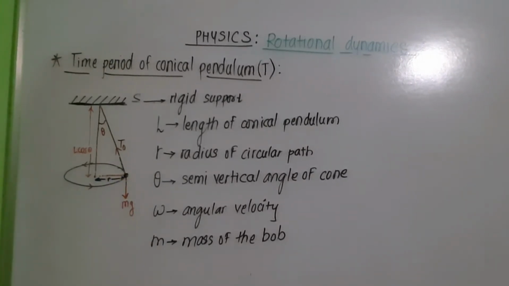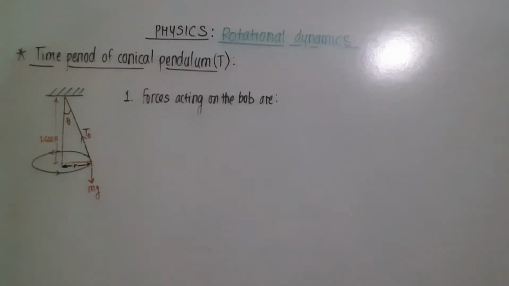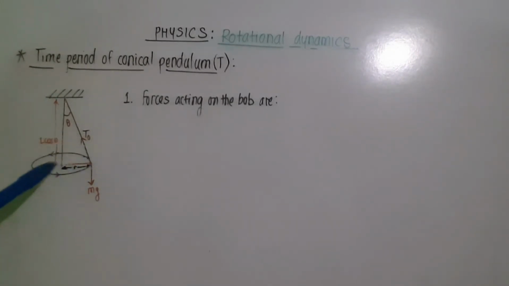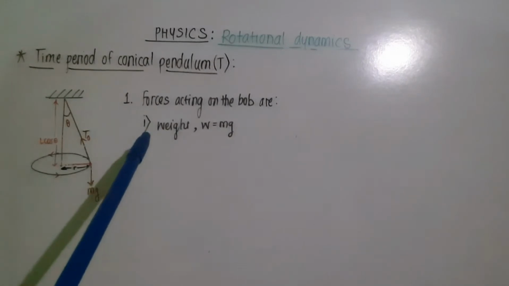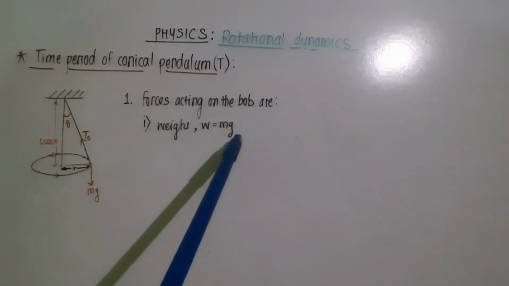Now, let us see the forces acting on the bob when it is at this displaced position. When the bob of the conical pendulum is in the displaced position at an angular displacement theta, performing its circular motion in a horizontal plane, the forces acting on the bob are: first, the weight W, which is equal to mg.